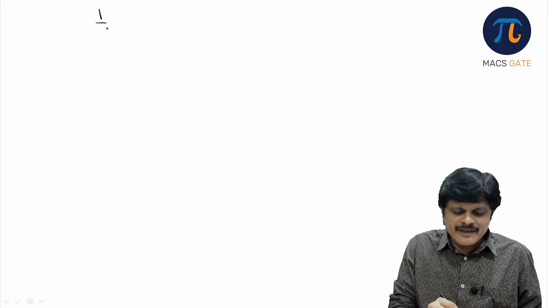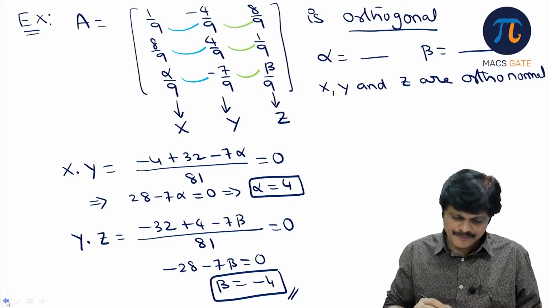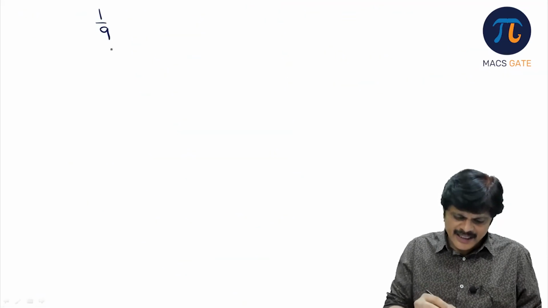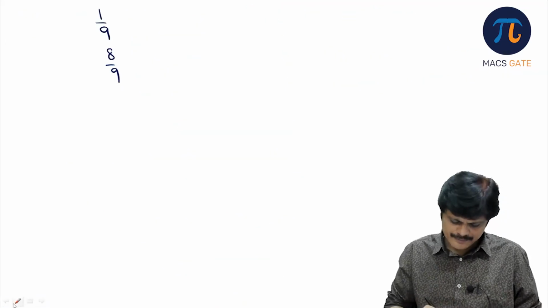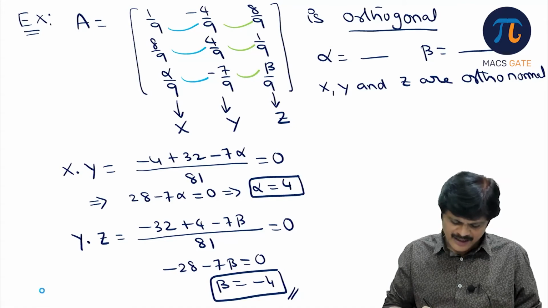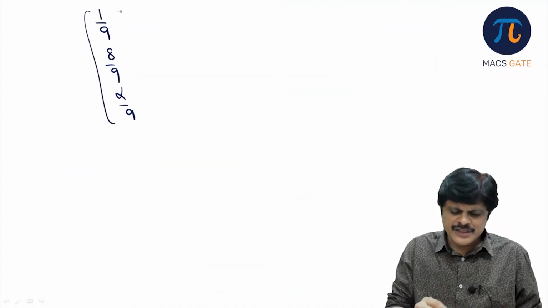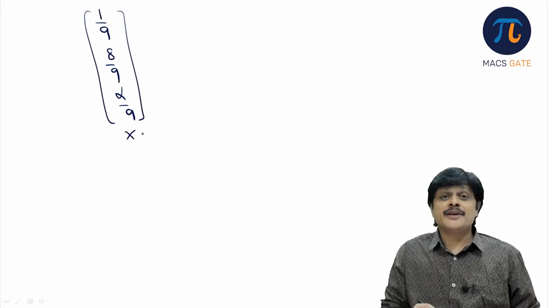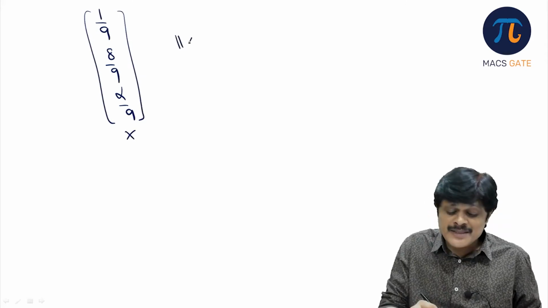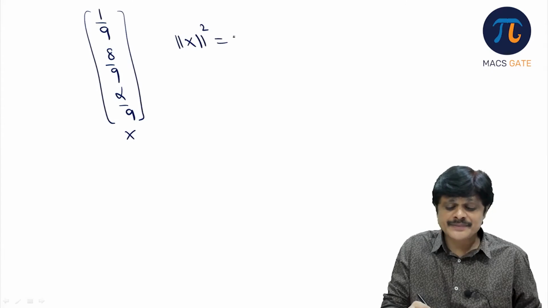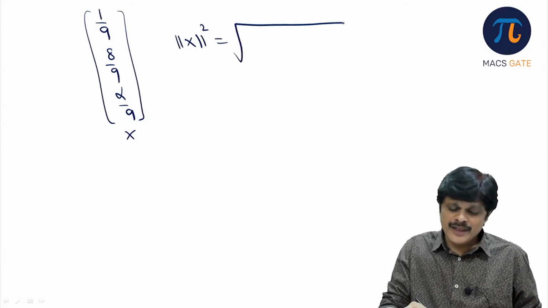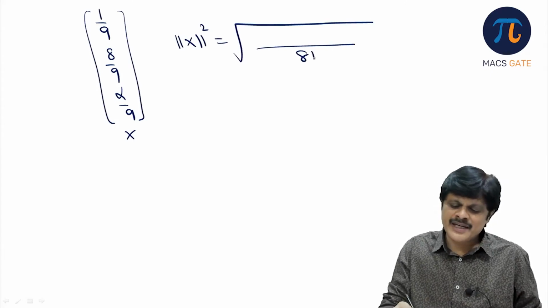Now if you see the first column, 1 by 9, 8 by 9, alpha by 9. See, this is the x vector. So when you say orthonormal, it means mod x square is 1, you have to do it. Mod x square means, okay, the denominator is 81.